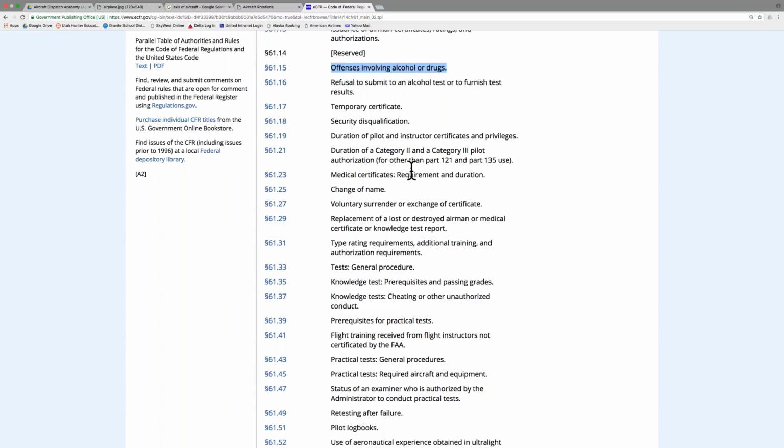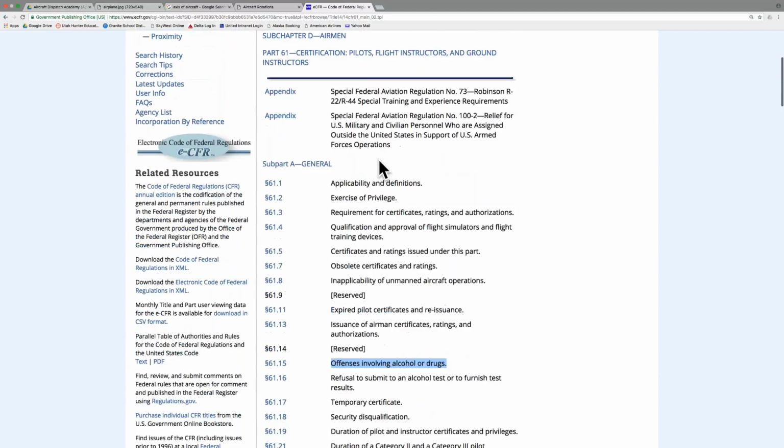Dispatch doesn't require a medical certificate, but pilots have certain time limits that they have to meet. Basically, the pilot has to have a full-blown first-class medical every 6 months and things like that. So that's where you'll find this information.